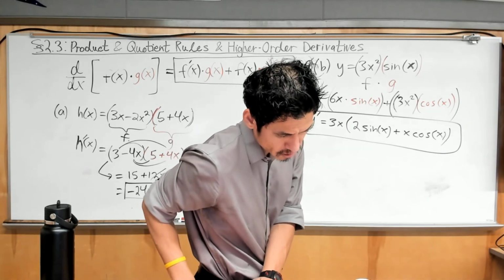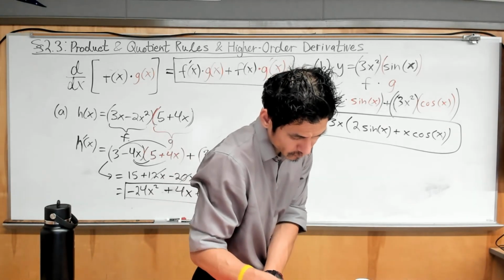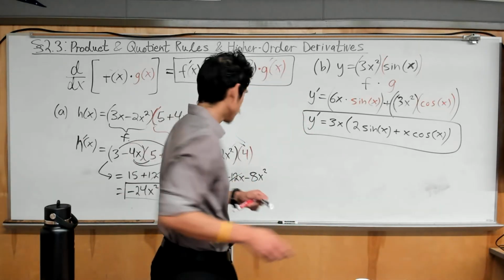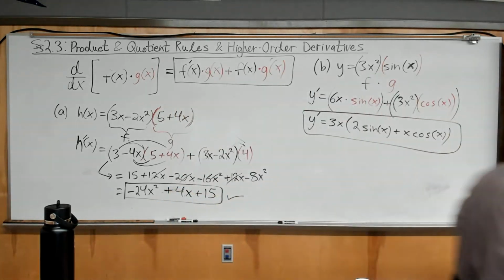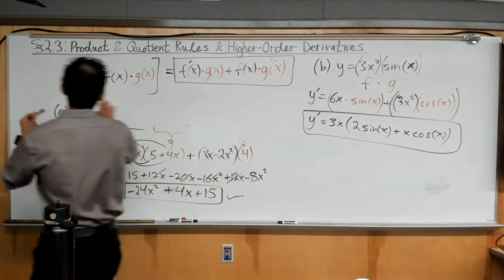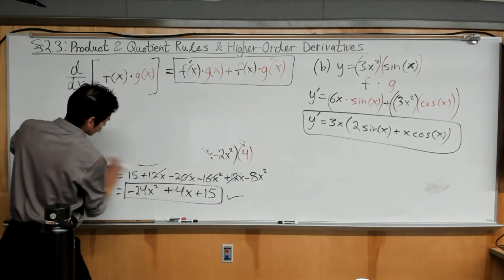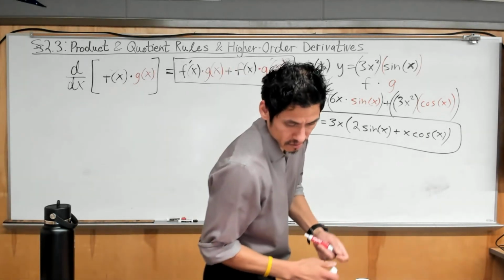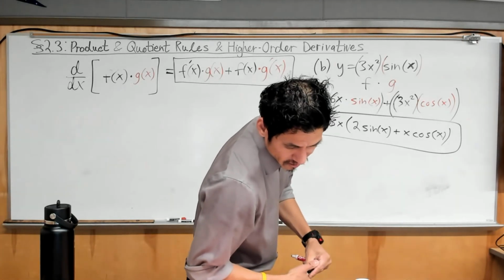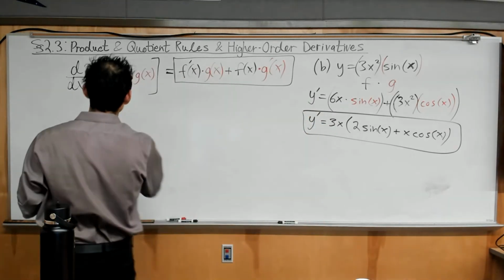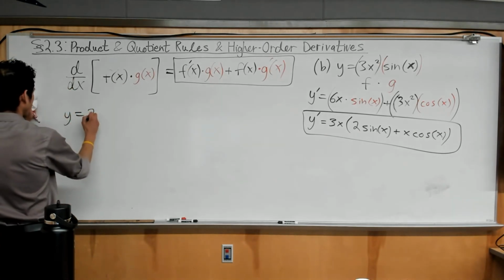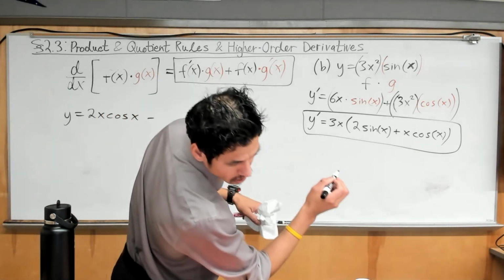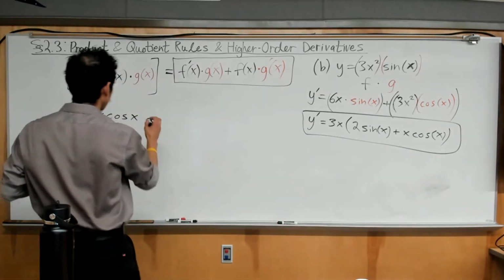Let's go with another trig one where we have 2x cosine of x minus 2 sine of x. I'm gonna erase that. So 2x cosine of x minus 2 sine of x.